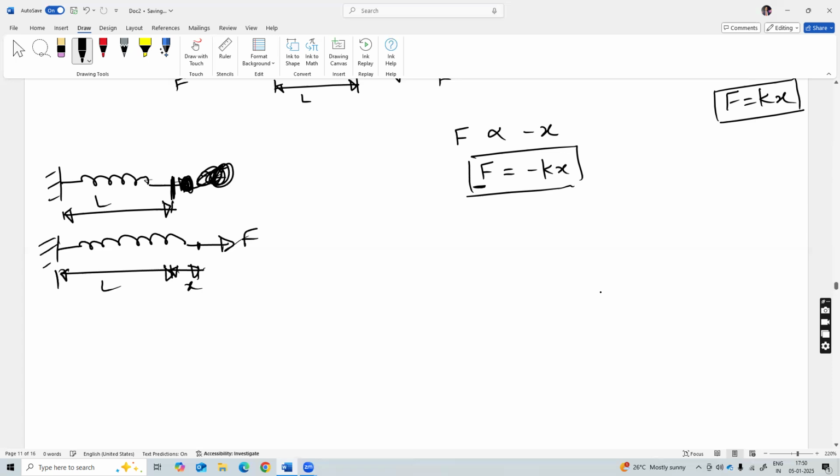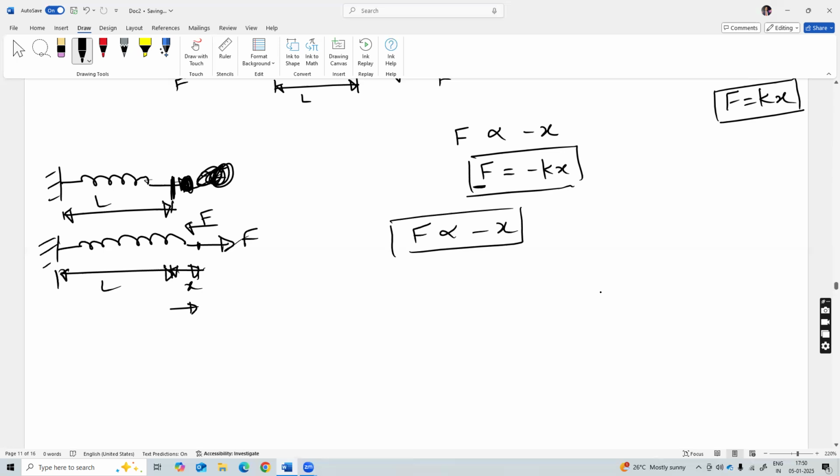When you apply force in this direction, the restoring force acts in the opposite direction. The change in length is in this direction, and the restoring force is in the opposite direction. Therefore, F is directly proportional to minus X, and that equation came.